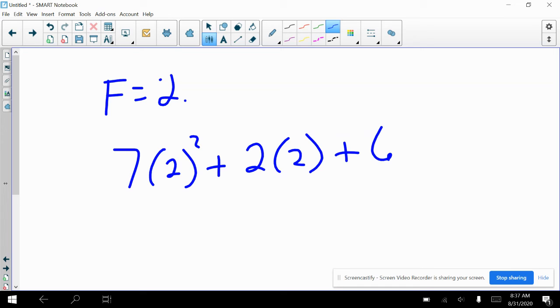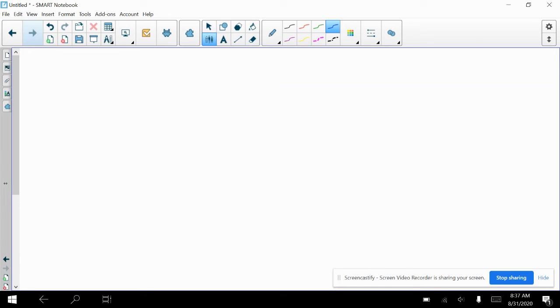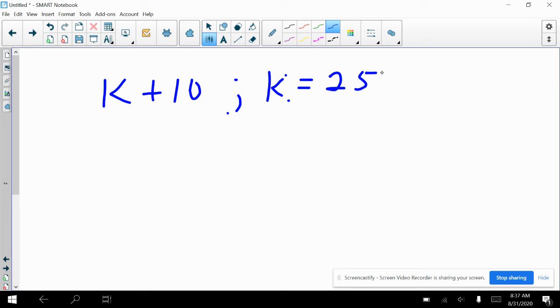All right, here we go. So let's put up a few. So simple. If we have k plus 10, that's an expression. You have a variable, an operational symbol, and a constant. That's what makes up an expression. Then they'll tell you k is equal to 25. So you plug in 25 where the variable goes.